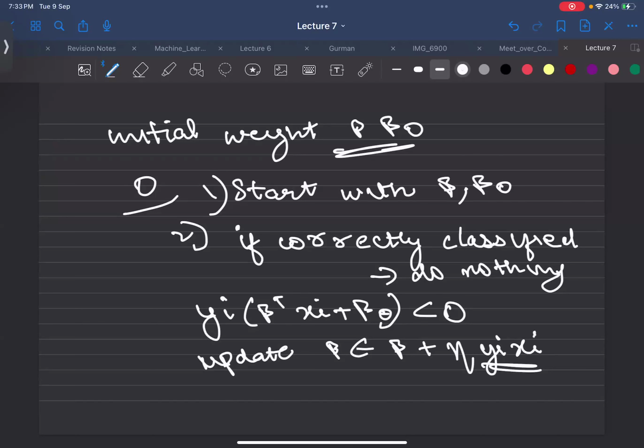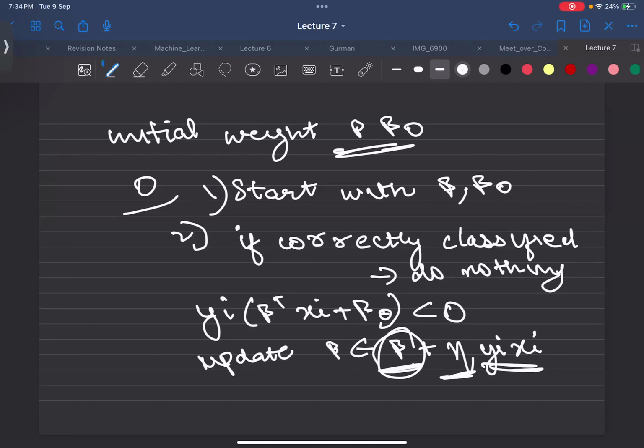This is the gradient, this is the step, and this beta is the initial beta, which is the initial weight. This beta is random. Whatever we want, 0 or anything random, we'll start from that. That is the initial point I'm referring to.